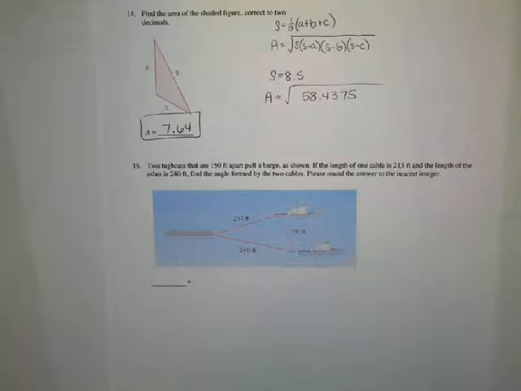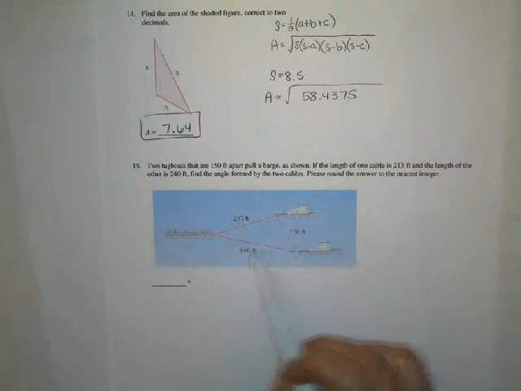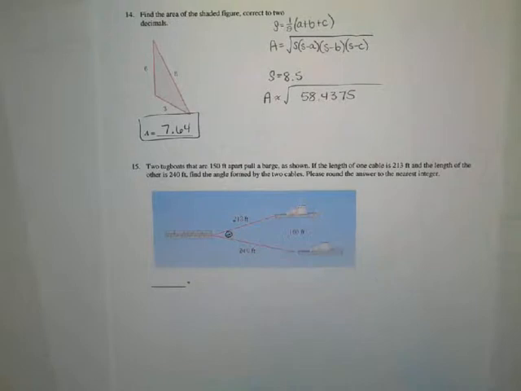Okay, next one. It says 2 tugboats that are 150 feet apart pull a barge as shown. If the length of one cable is 213 feet and the length of the other is 240, find the angle formed by the 2 cables. Round to the nearest integer.